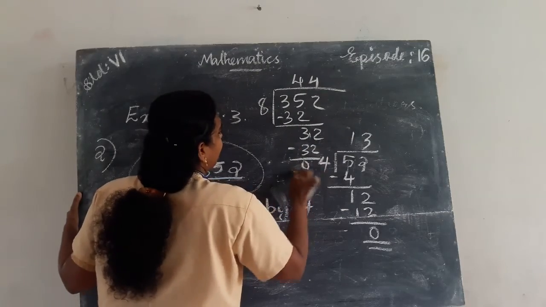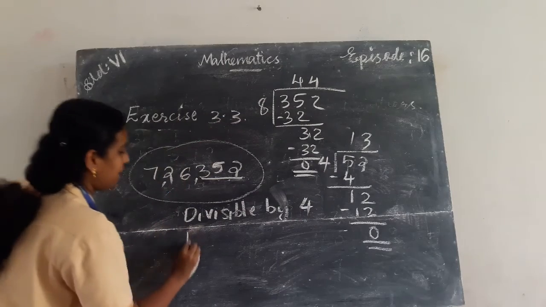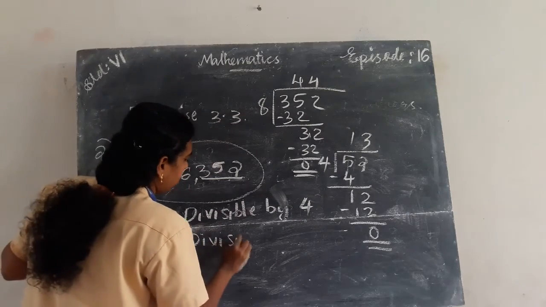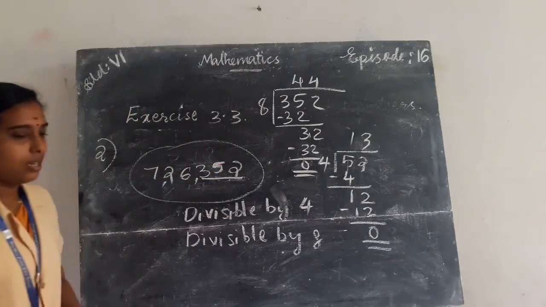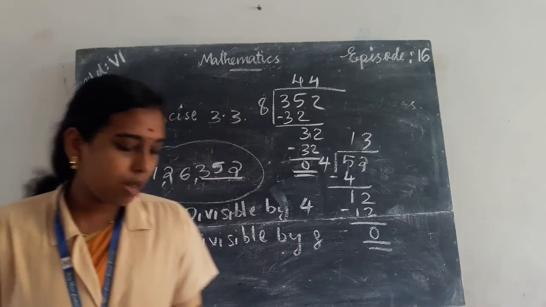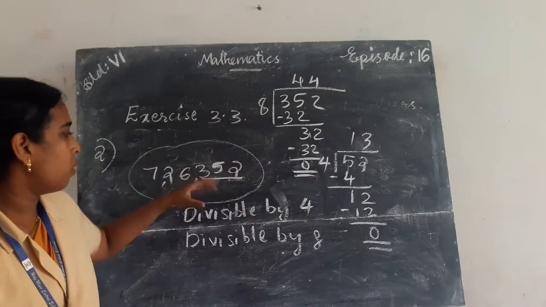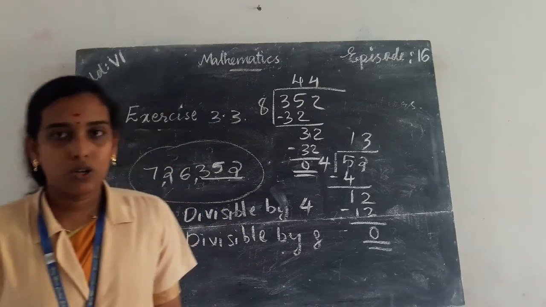So we get the remainder 0. So we can say that it is also divisible by 8. Okay. In this way we can find if a number is divisible by 4 or not, and also if a number is divisible by 8 or not.